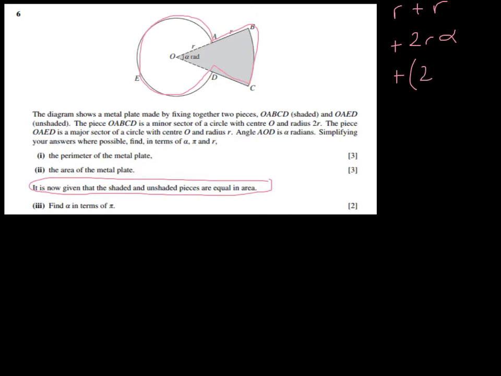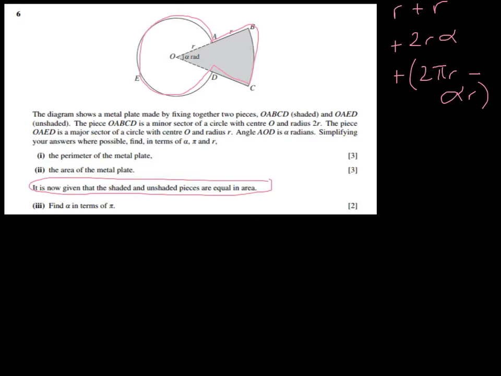So that's 2 pi r. And I'm going to take away this small part here that I don't want, so I'm left with just the outside part. That small part would be the same as alpha times r.